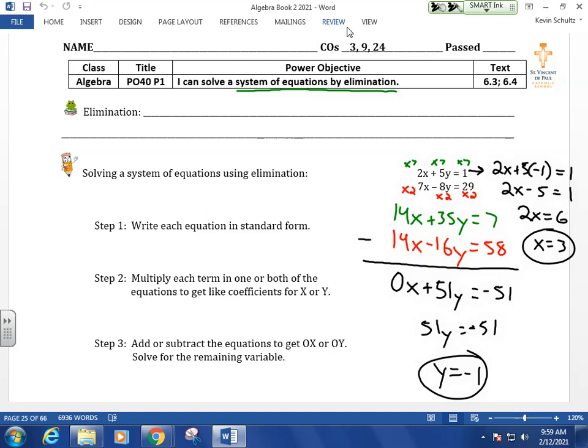Okay. It's not cheating. What it is, it's taking the characteristics of a system, that being that these two equations are connected, and combining them in such a way that allows us to cancel out one of the variables to give us one equation with one variable to solve for. It's the same idea as what we're doing in substitution, right?